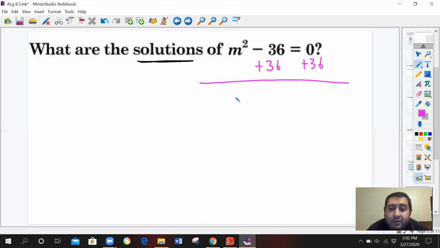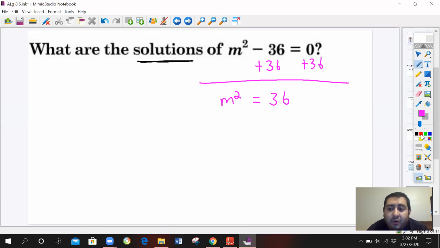We bring down m squared equals, since this will give you 0, we don't need to put the 0 here. 0 plus 36 will give us 36. We notice that there's no number in front of the variable. There's an imaginary 1 here. We don't need to divide by 1 on both sides, so we're still going to have the same thing.